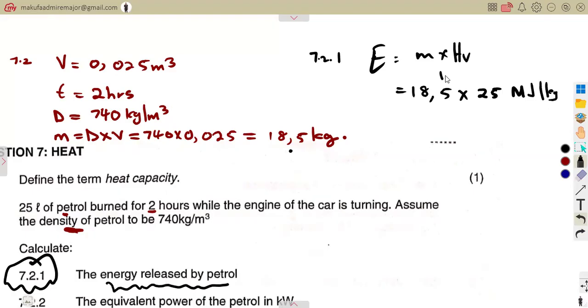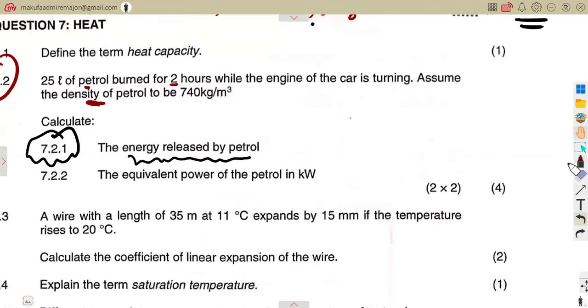This mass is in kilograms, so kilogram cancels, and your answer is direct in megajoules. So that was going to be 462.5 megajoules. So this is the energy released by the petrol.